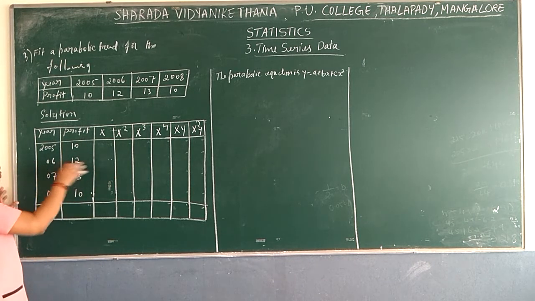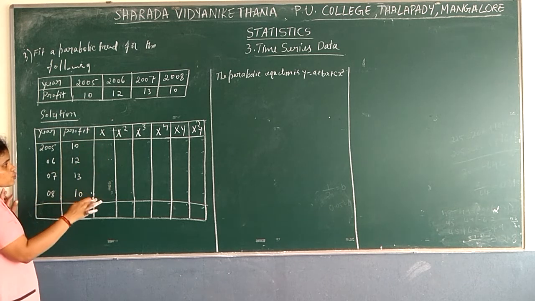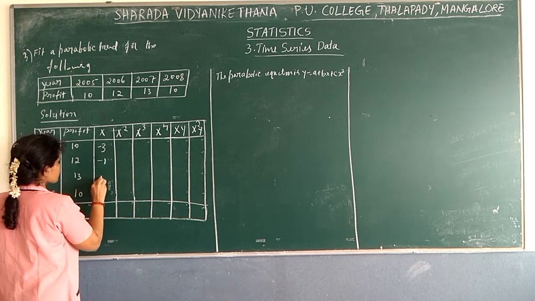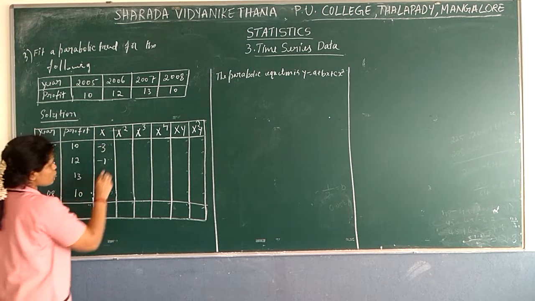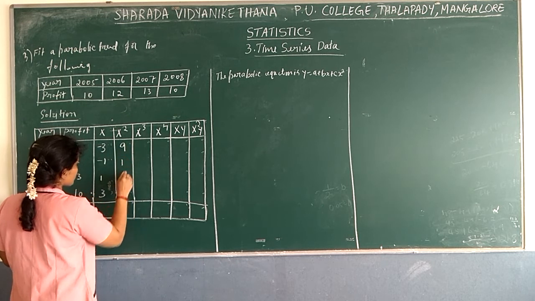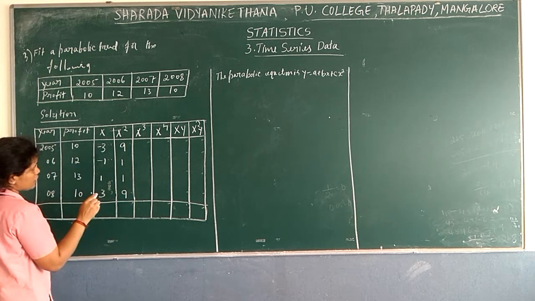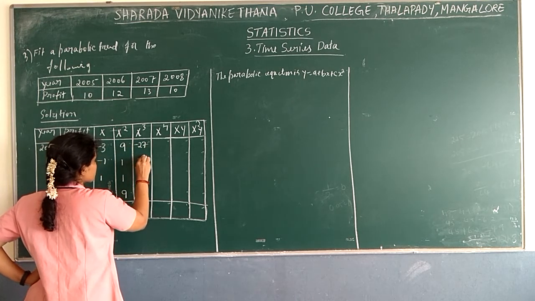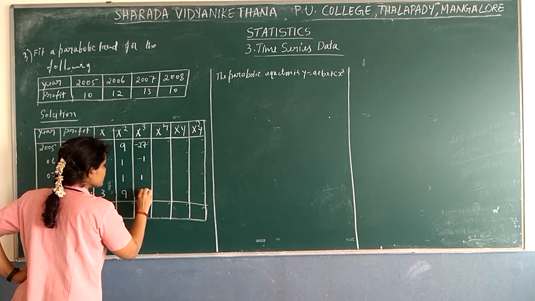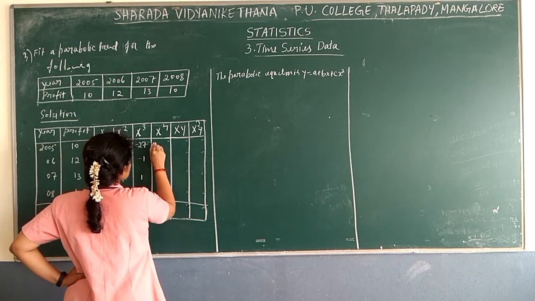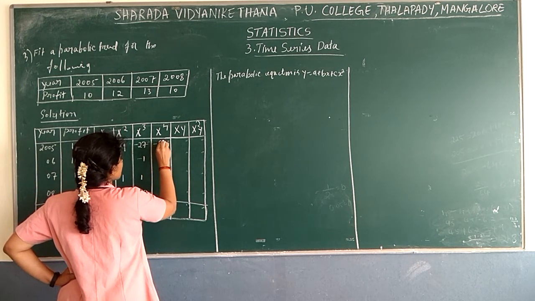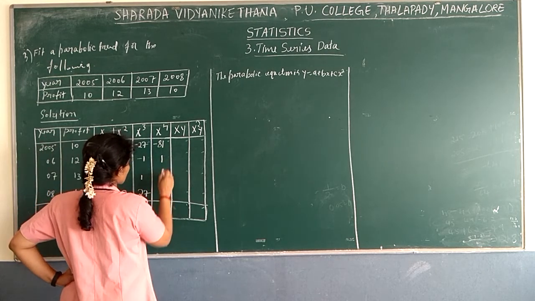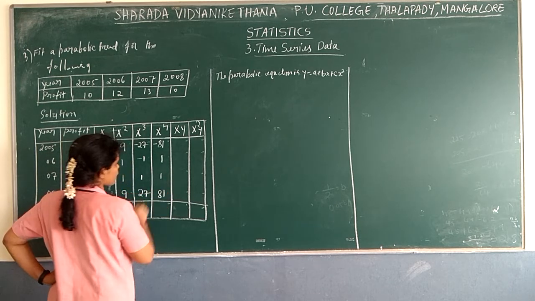So we take the x values as -3, -1, 1, 3, and x square as 9, 1, 1, 9. X cube is -27, -1, 1, 27, and x to the power 4 is 81, 1, 1, 81.